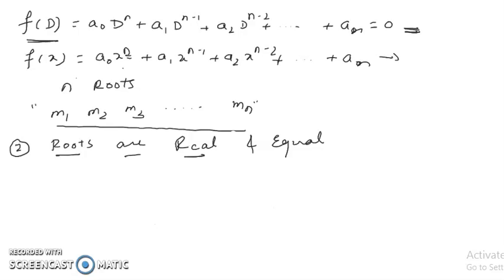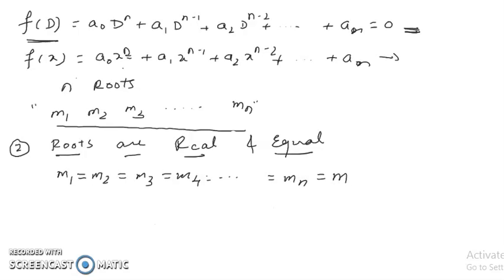If the roots are real and equal, we have m1 is equal to m2, equal to m3, equal to m4, and so on, equal to mn. Since they are all equal, I'll consider it as m.